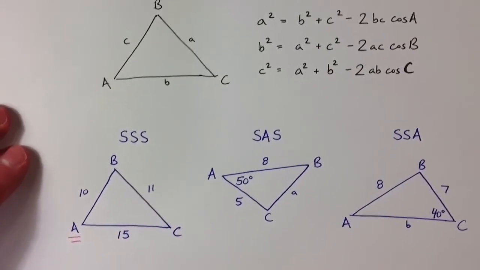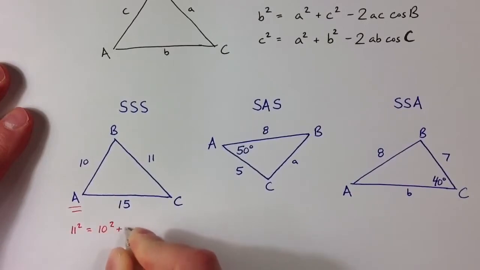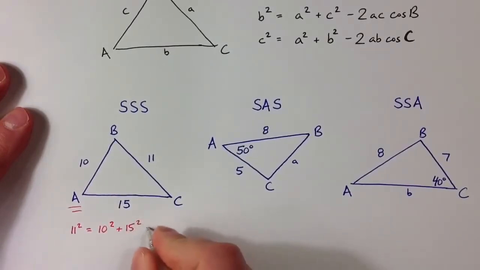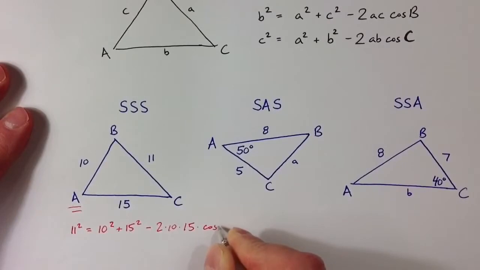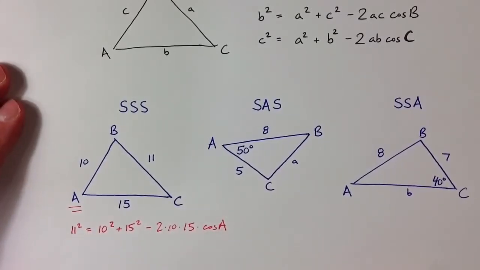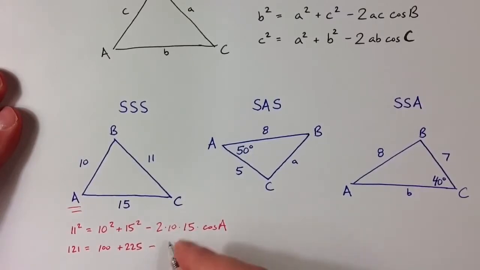So if I want to start with angle A, I know that 11 squared equals 10 squared plus 15 squared minus 2 times 10 times 15 times the cosine of the unknown angle, the cosine of angle A. So I need to be a little bit careful with how we work with these numbers. 11 squared is 121, 10 squared is 100, 15 squared is 225, and then 2 times 10 times 15 is 300.